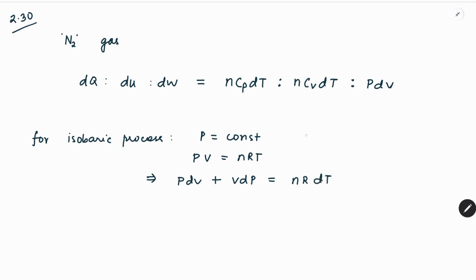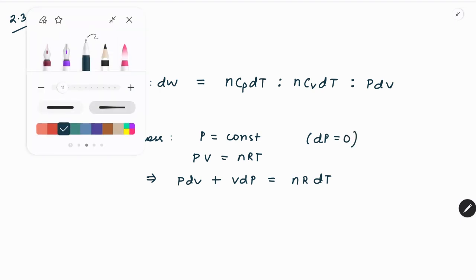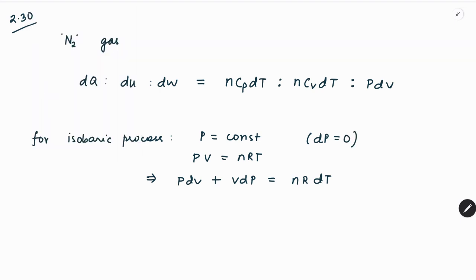Now since pressure is constant, dP is equal to 0. So this part VdP will turn out to be 0, and therefore PdV can be written as nRdT for an isobaric process.